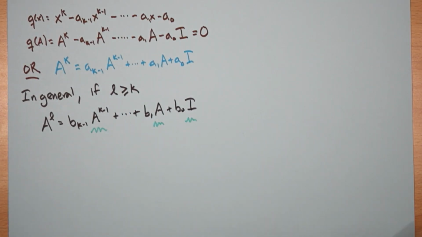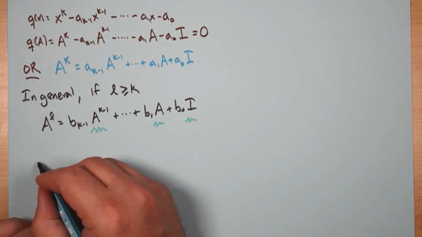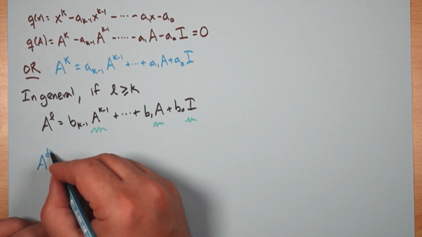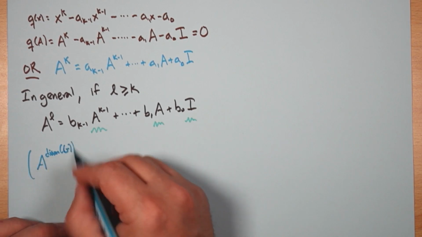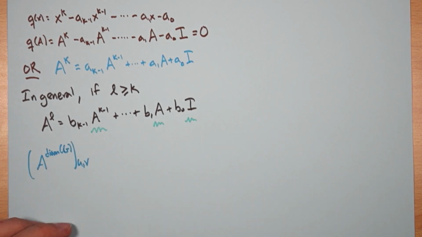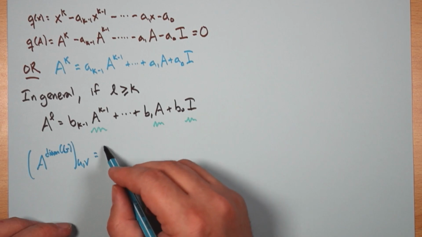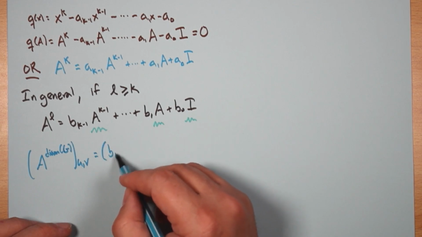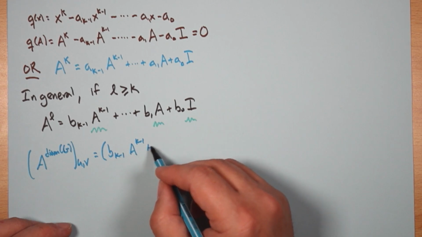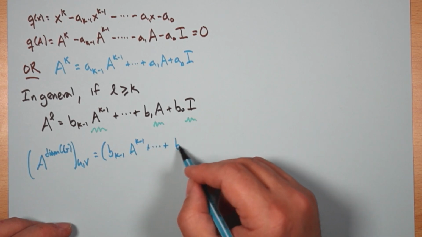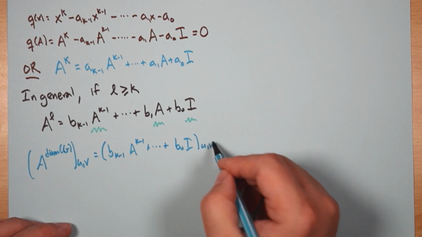Well, we do the following. We're now going to look at a to the diameter of G, and we'll look at the UV entry, and then we'll do the same thing on the other side and look at the UV entry.